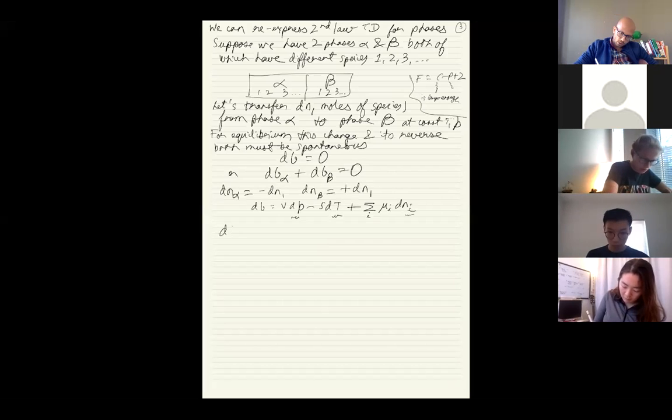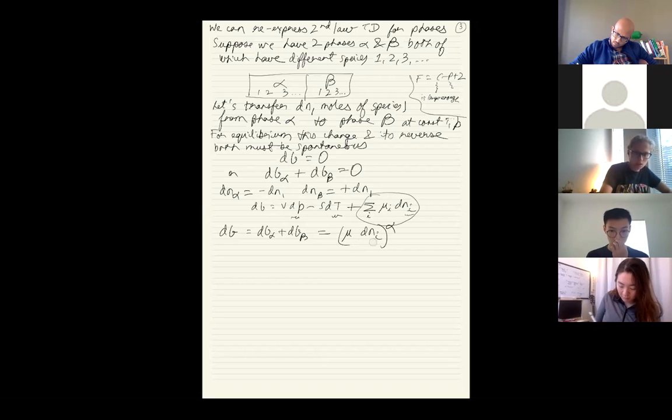Therefore, dG equal to dG alpha plus dG beta can be written as the sum of mu_i dn_i for alpha, which is actually mu1 dn1, because we care only about i equal to 1, plus mu1 dn1 for phase beta.